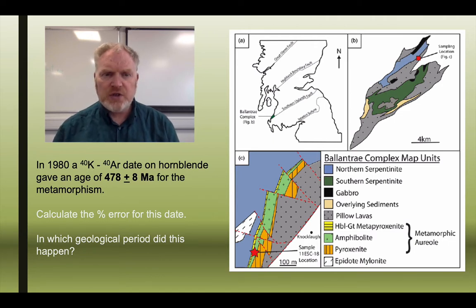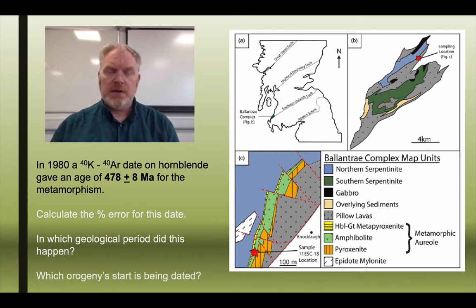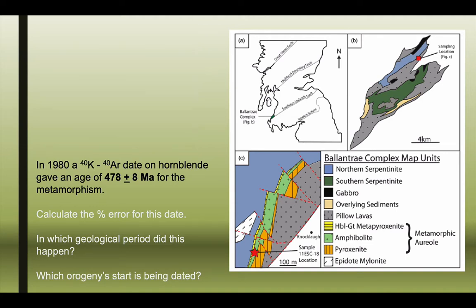You may need to go back to your geological column homework that you did. And finally, which orogeny are we actually trying to date here? Okay, have a go at those questions. We're going to come back to the answers shortly. You might want to press pause now to have a go at those.